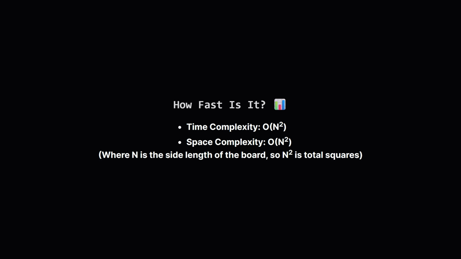So the time complexity is roughly big O of n squared. That means the time it takes grows proportionally to the total number of squares on the board. What about the memory, or space complexity? Our set needs to store, at most, all the squares if we visit them all. Similarly, the queue could, in some situations, hold a significant fraction of the squares. So the space complexity is also big O of n squared.